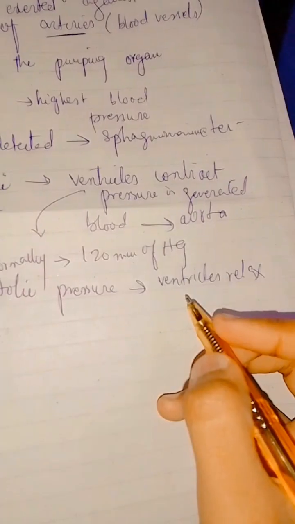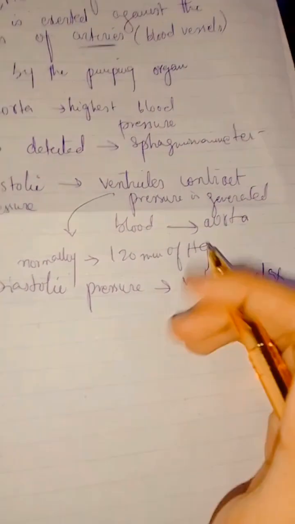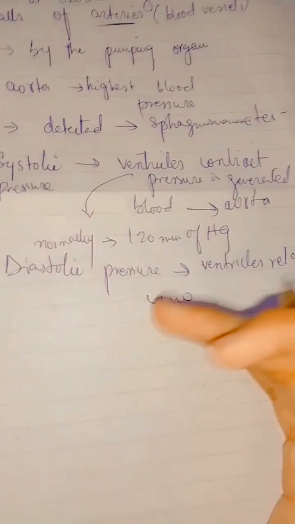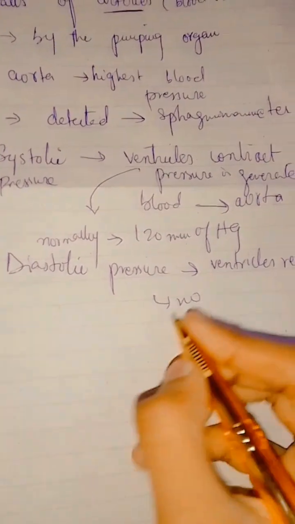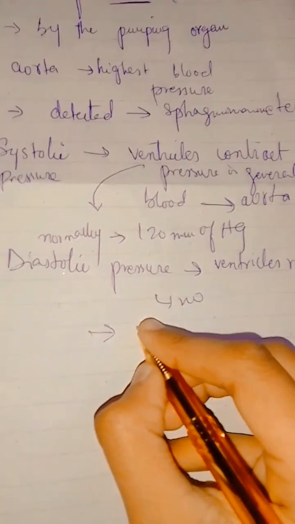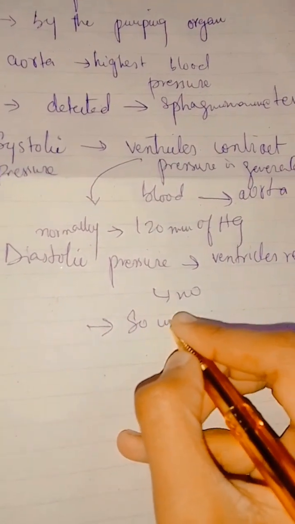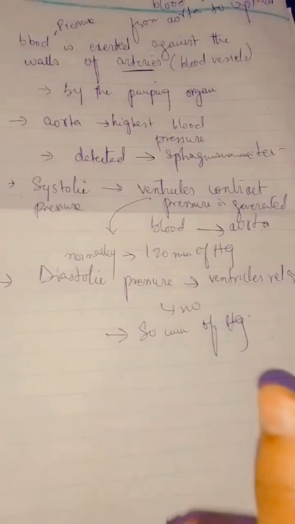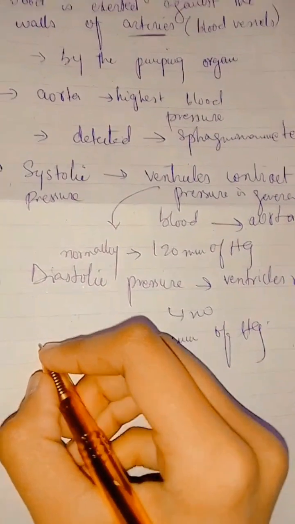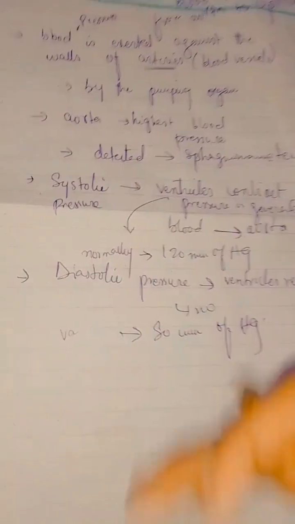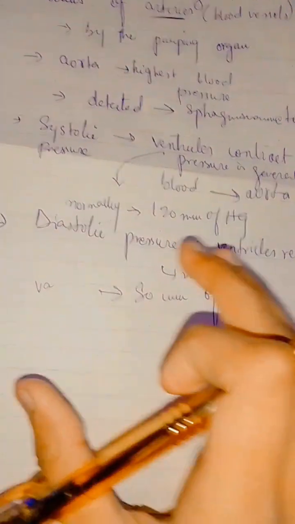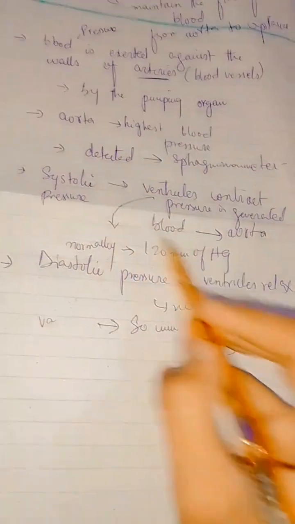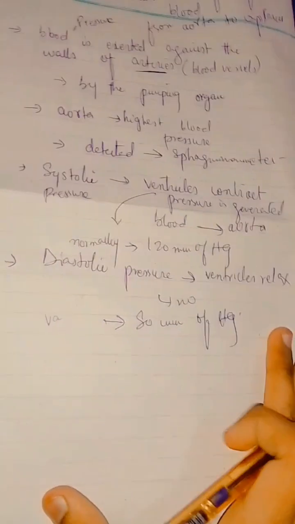Because the ventricles are relaxed, no pressure is generated, so the pressure goes down, to a maximum of 80 mm of Hg. That value varies from person to person, but that is the normal diastolic pressure, and the systolic pressure is 120 mm of Hg.